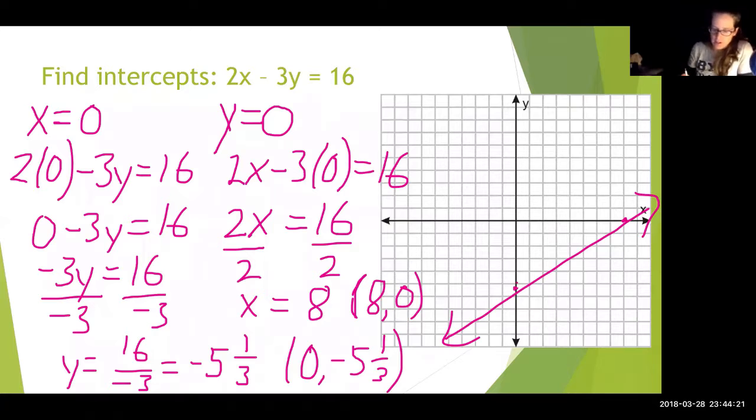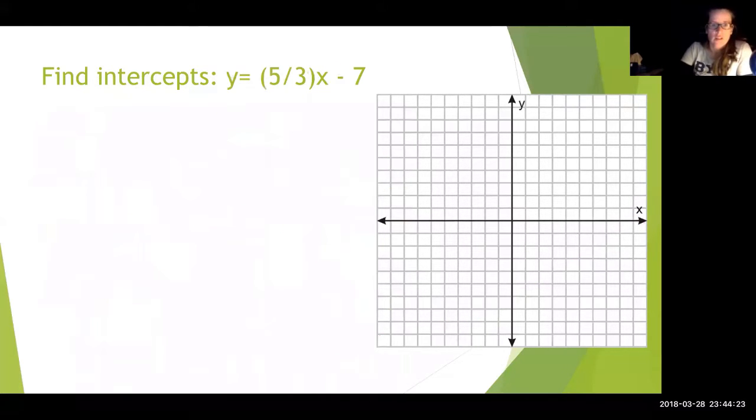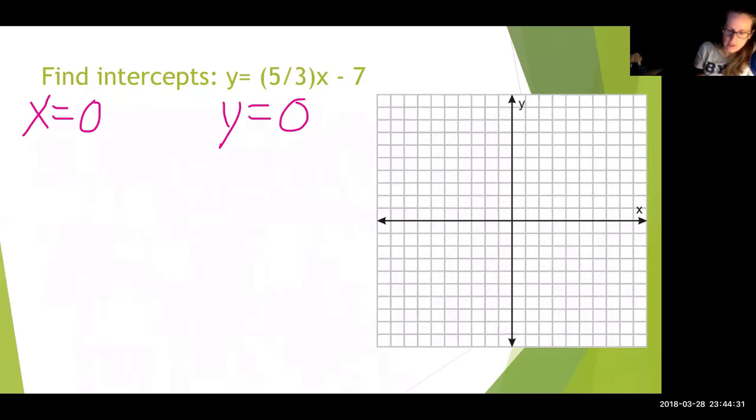Oh, let me clear this off. Okay, find the intercepts again. Okay, remember finding the intercepts? Just need to find where x is equal to 0 and where y is equal to 0. All right, so where x is equal to 0, y is equal to 5/3 times 0 minus 7.